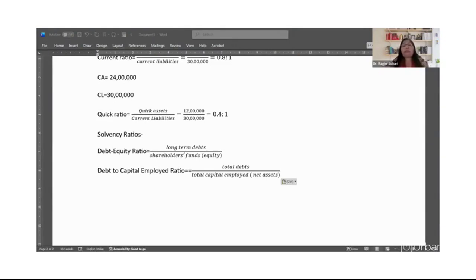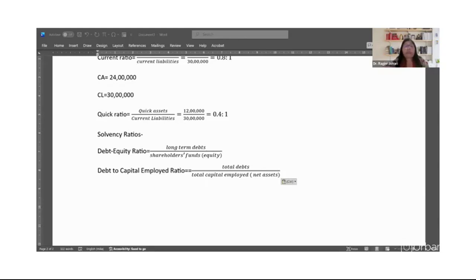It can be calculated by adding long-term debts and shareholders' funds. Alternatively, total capital employed can also be taken as the net assets of the company, that is total assets minus total liabilities.